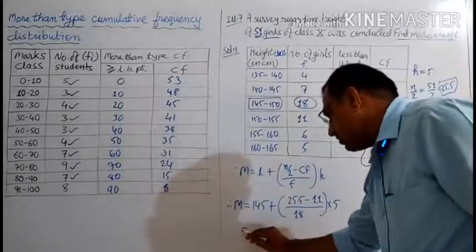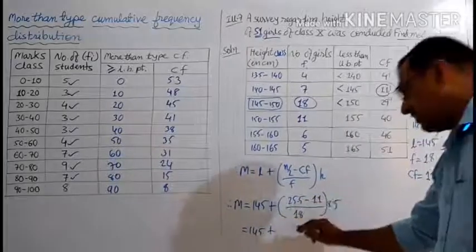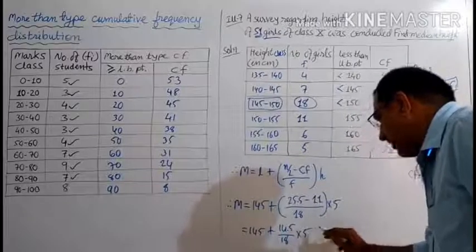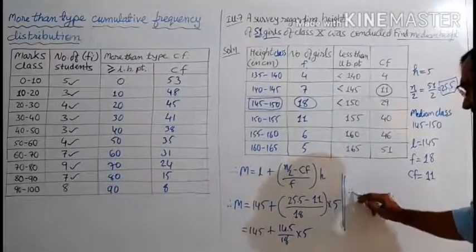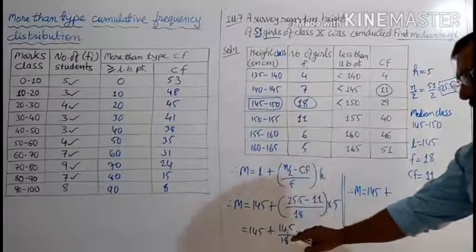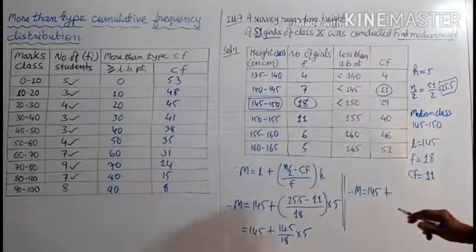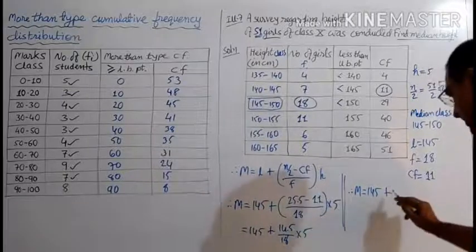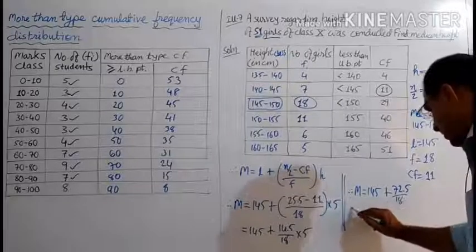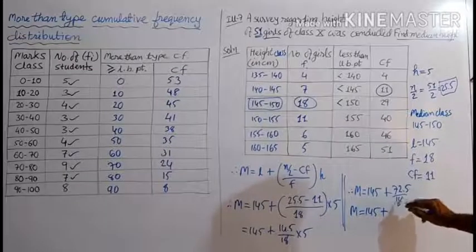On calculation, 145 plus 25.5 minus 11, that is 14.5, divided by 18, multiplied by 5. When we solve this, 14.5 fives are 72.5, so median is equal to 145 plus 72.5 divided by 18.